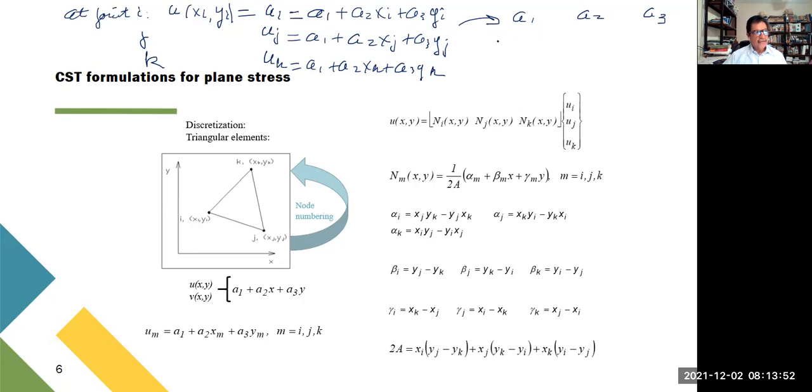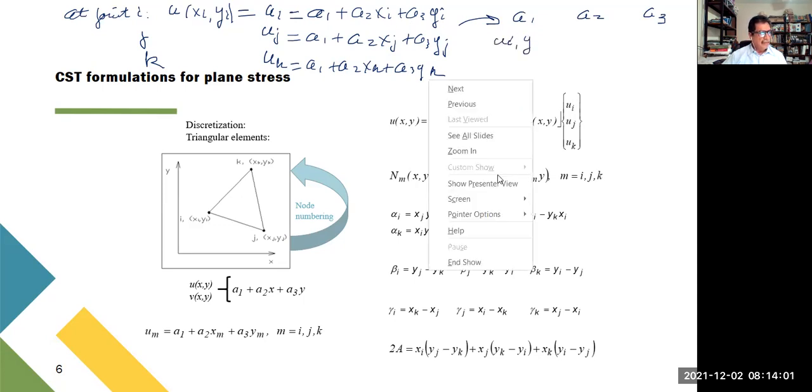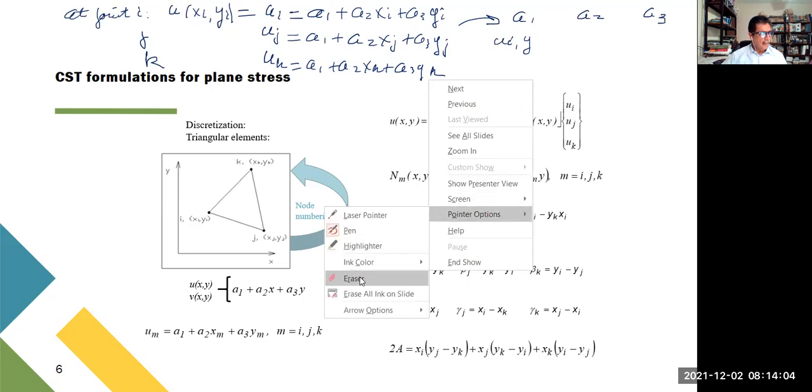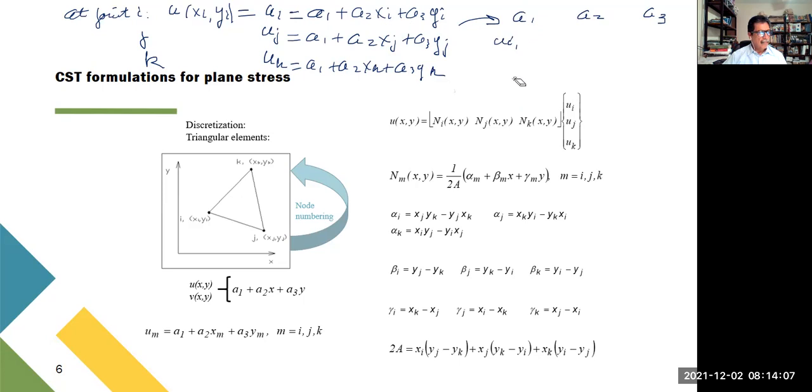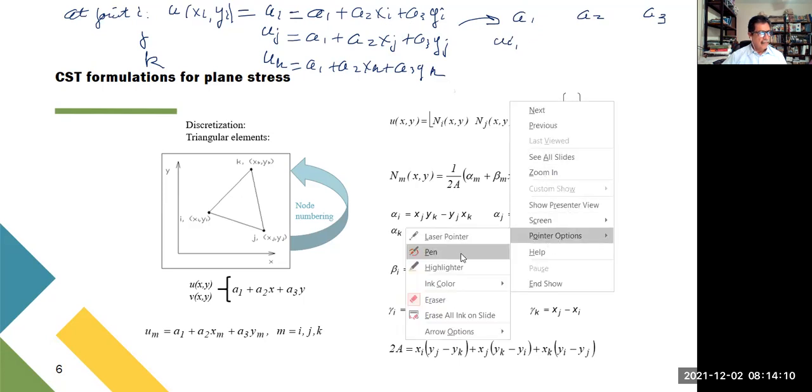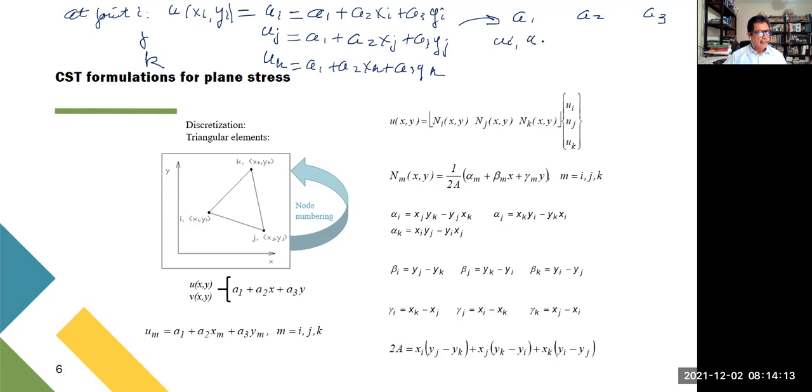These parameters depend on UI, UJ, UK, because of solving this, but also on XI, YI, etc. So this will appear in each one of A1, A2, and A3. And then we proceed to express this in this way.